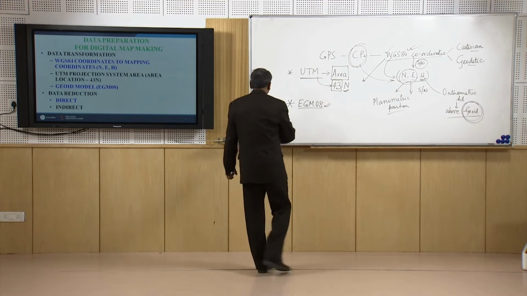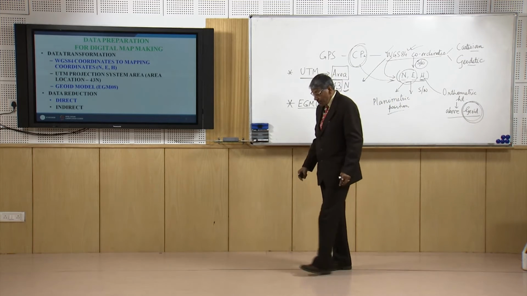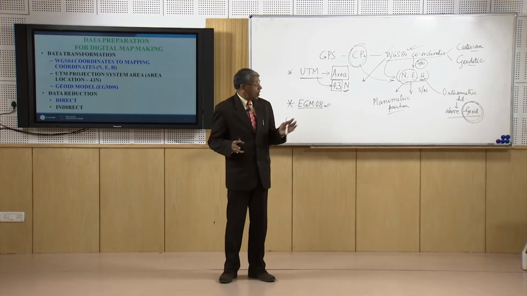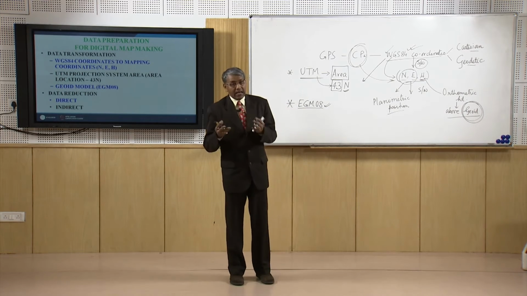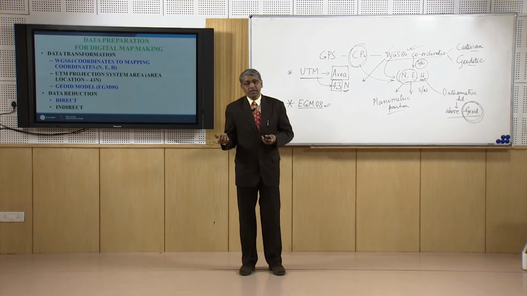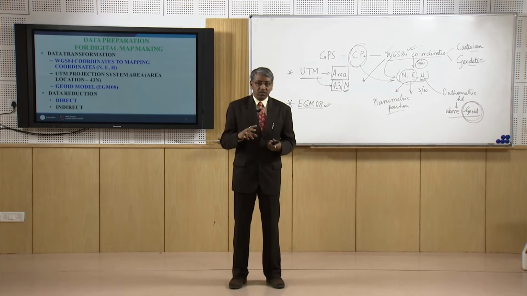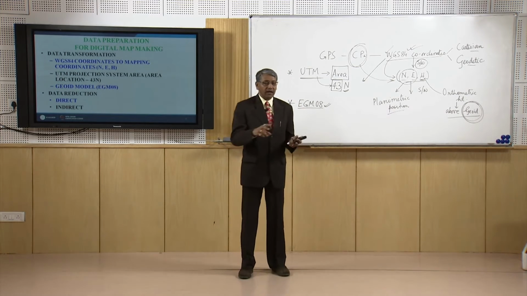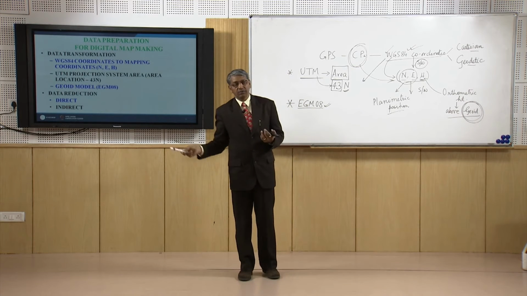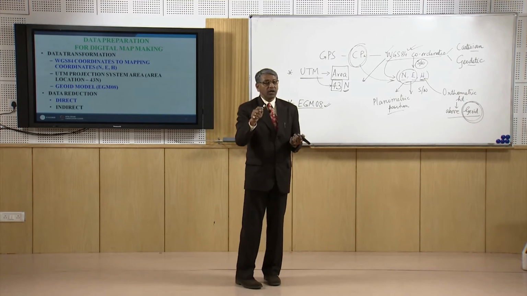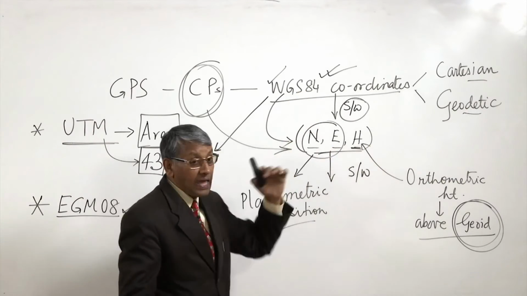Now, the locations of the control points, we make use of in the total station. In the last class, when we demonstrated the collection of detailing using the total station, we showed that some stations were located whose GPS coordinates are available, and those coordinates are either in the WGS 84 coordinate system or NEH.